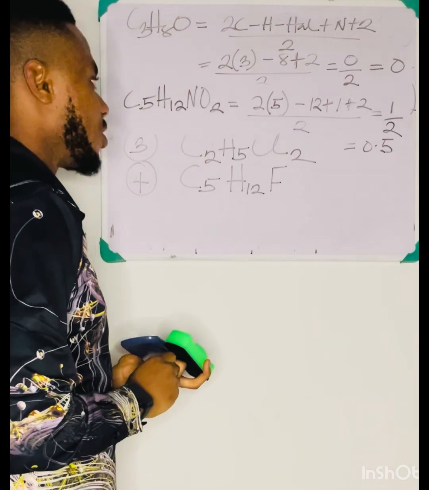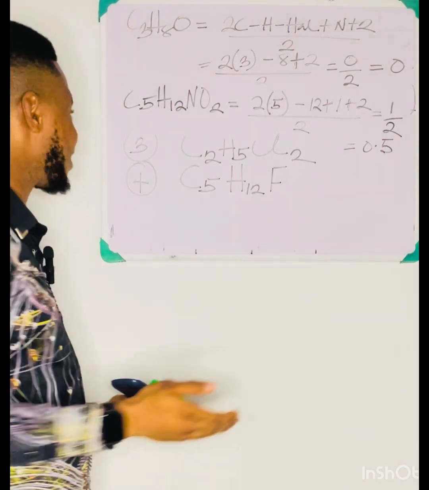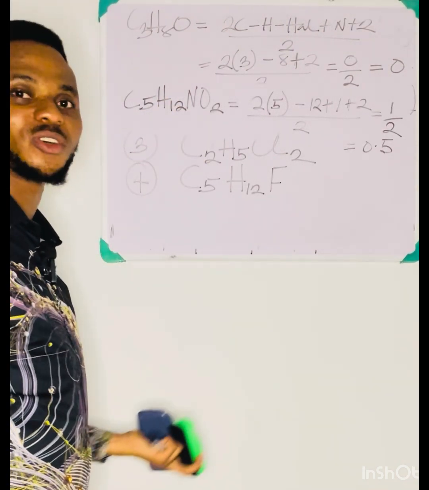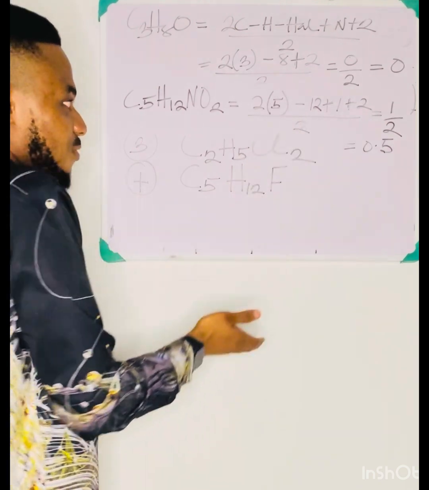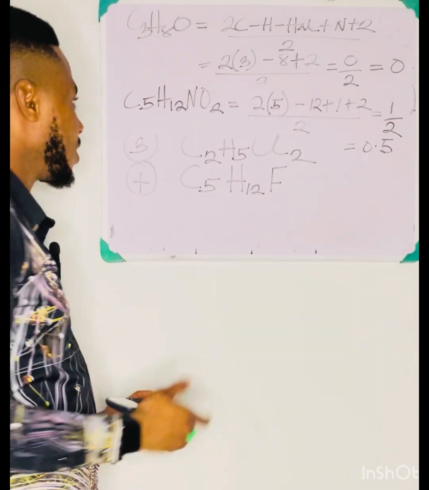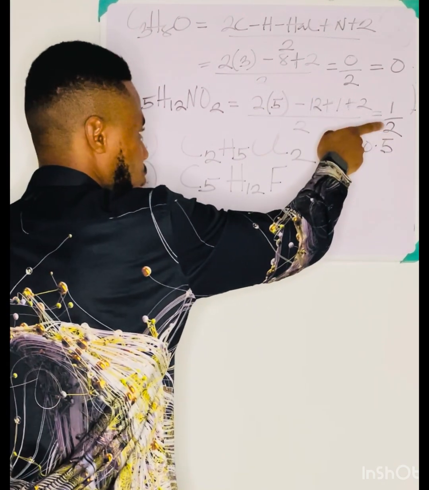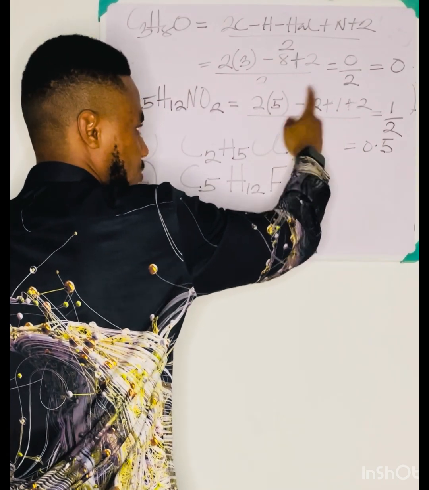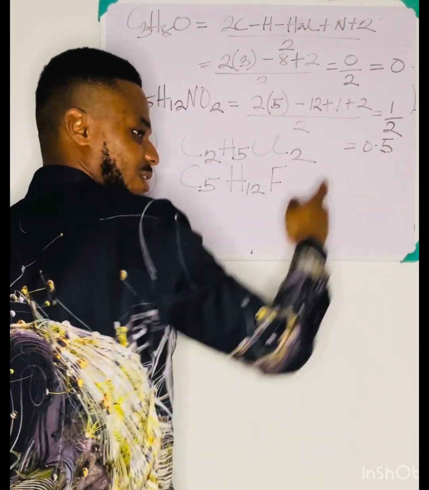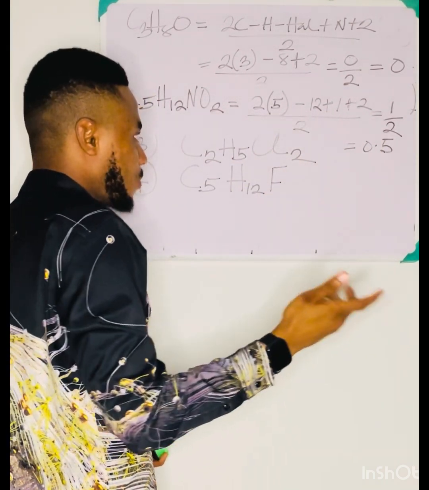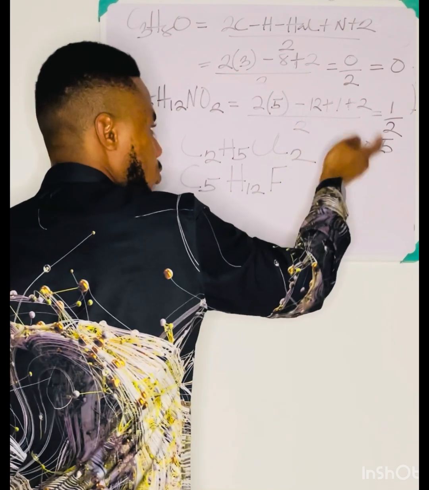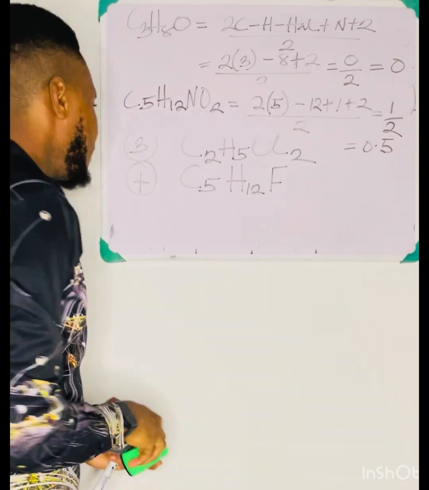This particular compound almost does not even exist, the fact that you're even having a decimal value. Let's check it again. 10 minus 12 is minus 2. Minus 2 plus 1 is minus 1. Minus 1 plus 2 is 1. So it's 1 over 2. We are correct.